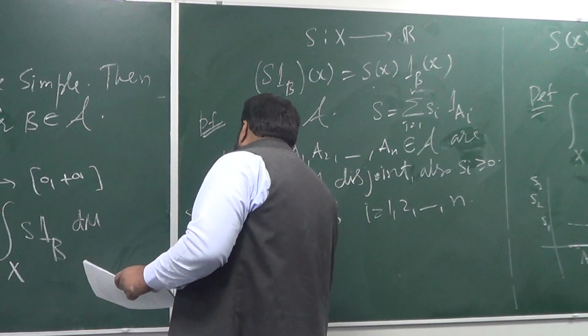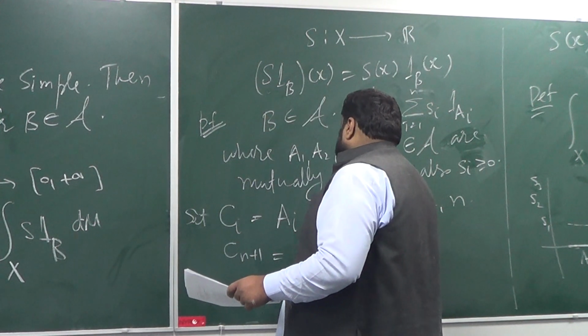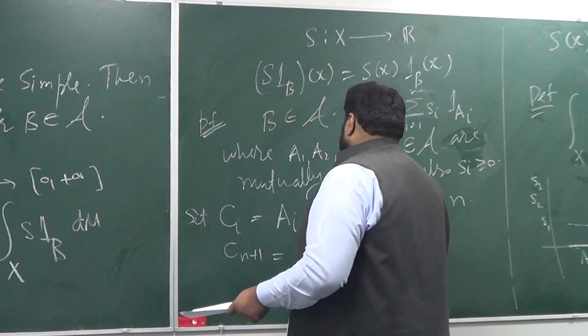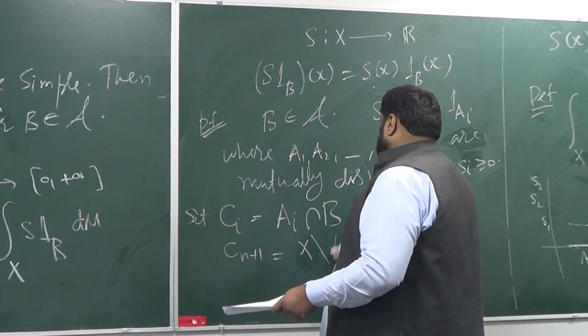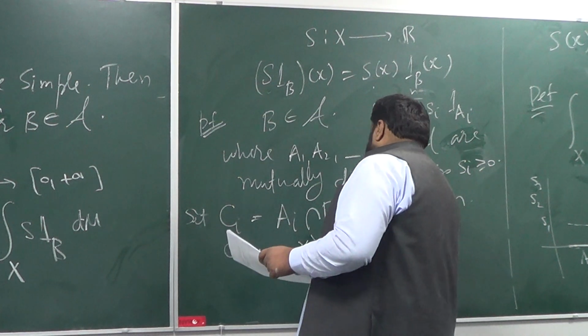And I can take C_{n+1} as X minus the union of the A_i's, i equal to 1 to n, then X minus B, so everything else.